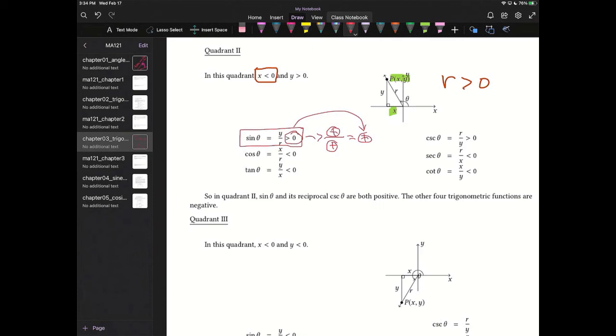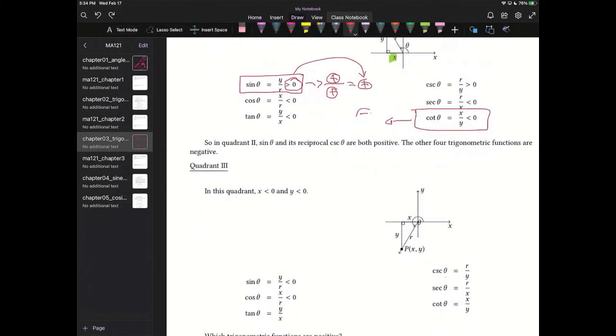Let me talk about now the cotangent. Now, by definition, cotangent is x over y. Now, we just saw that to be in the second quadrant, x has to be negative. So you're taking a negative number in your fraction. So to be in the second quadrant, x is negative, so you take a negative number and divide by y, which is positive.